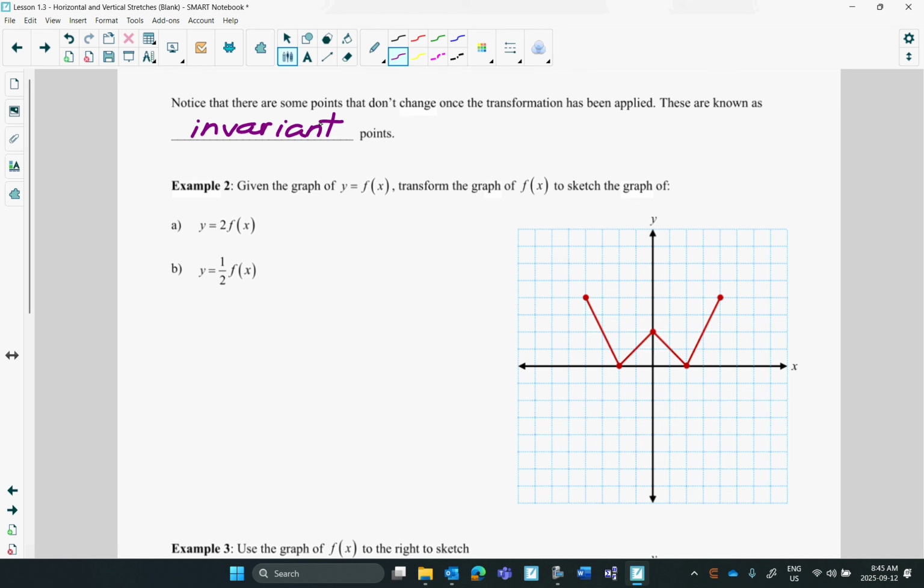They didn't change. So in y equals 2x squared and y equals a half x squared, the invariant point was, or is, 0, 0. That's the only one that didn't change. And it was the same invariant point for both new functions.